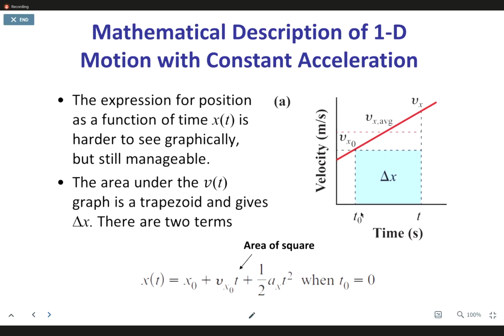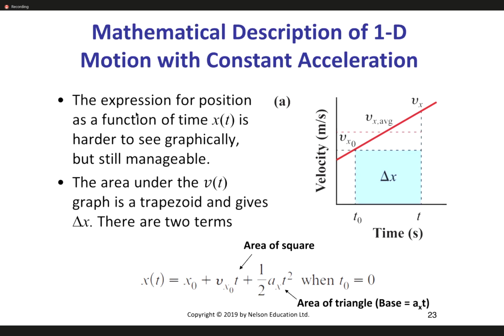Velocity times time gets us the area of this square, which is going to be this term. Then we have this second term describing the area of a triangle. Now, area of a triangle is equal to half base times height. Well, we have the half present, but the at squared doesn't really look like a base times height term.